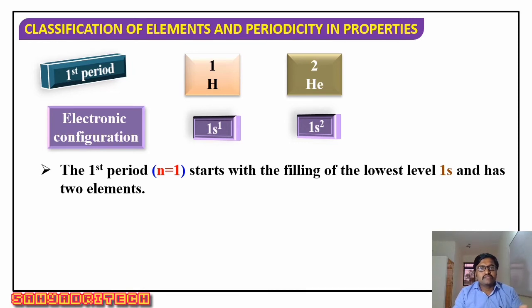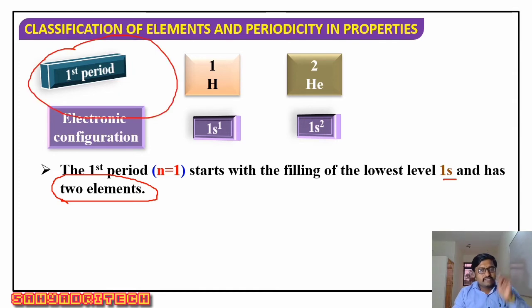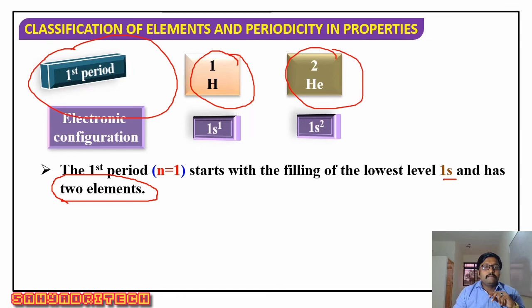There is no thinking of outermost, there is only one shell, that is n is equal to 1. The first period starts with the filling of the lowest level 1s and has 2 elements. Remember well, I already said the first period is the shortest period. It has only 2 elements. What are those? Hydrogen and helium.